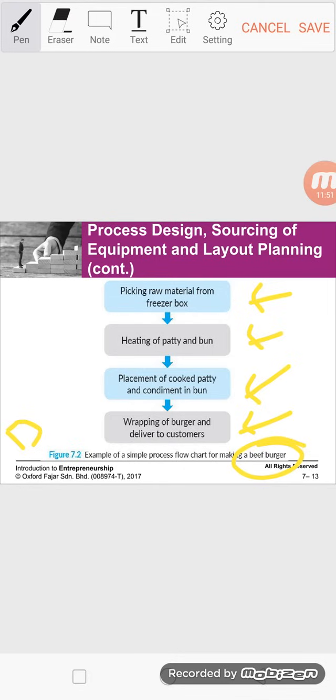Okay, then after that they akan heat the patty and the bun. So next to the freezer box they should have macam stove untuk masak. And then after that placement of cooked patty and condiment in bun. So sebelah stove tu mesti kena ada meja untuk dah lepas masak tu letak terus dekat atas bun with all the vegetables, dia punya condiments tu. And then after that wrapping burger and deliver to customers.